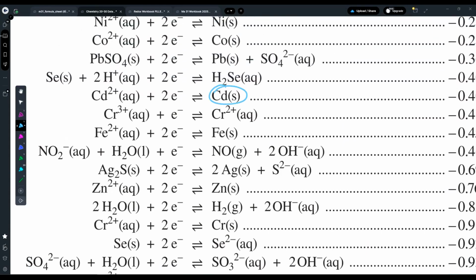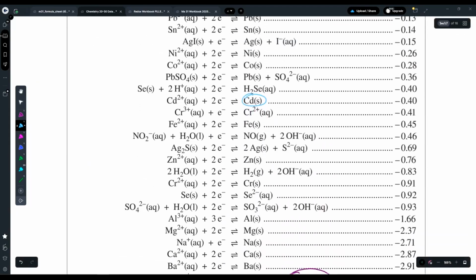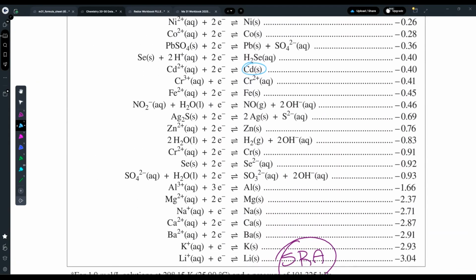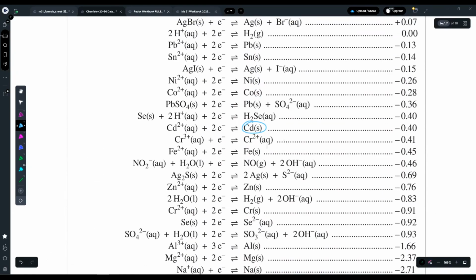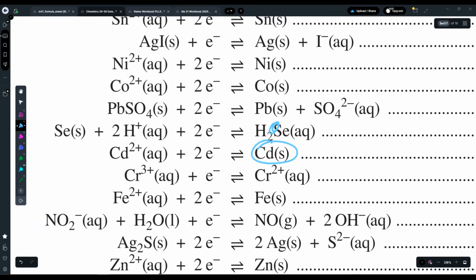Okay, so I'm running into cadmium first. So that's going to be my SRA. So my anode half reaction, I'm going to write this backwards, starting at cadmium solid, going to cadmium 2+.